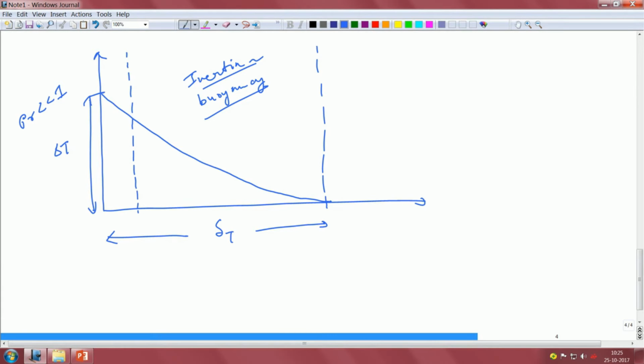Now, outside this delta T, because this is a situation in which the friction is not important in this particular layer, beyond this delta T, remember the difference between the last situation and this, once again buoyancy goes to 0.